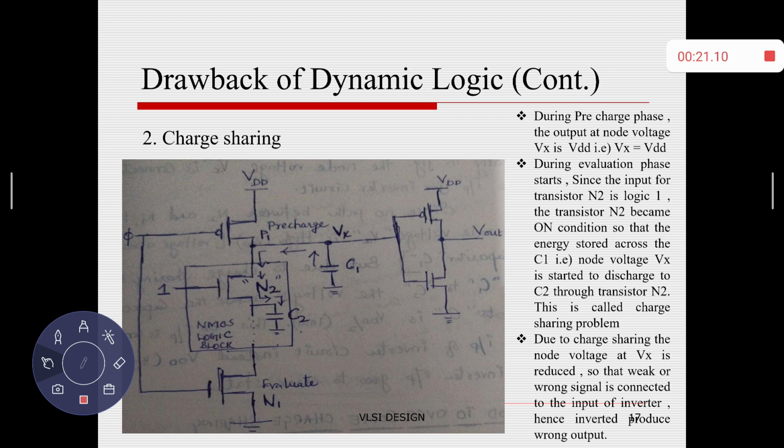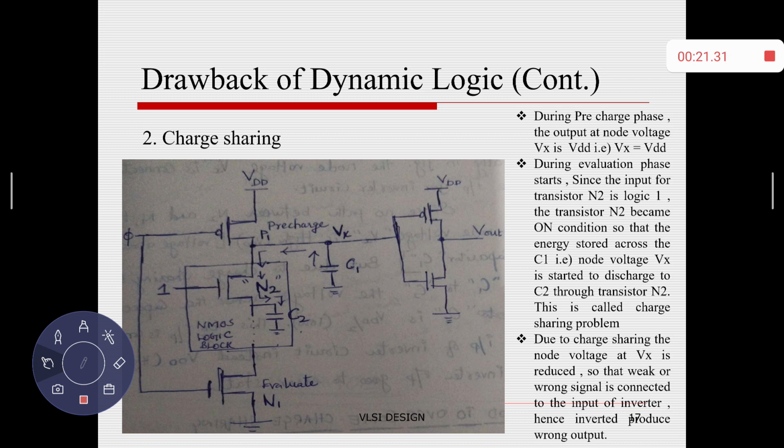When the evaluation phase starts, since N2 is connected, charge sharing takes place between capacitors C1 and C2. Out of 5 volt, for example, 0.3 or 0.4 volt is discharged from C1 to C2.